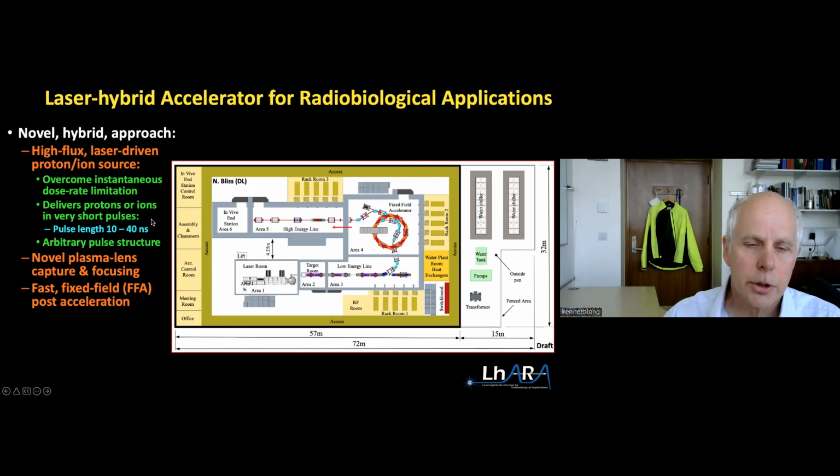We want to reduce the cost and increase the efficiency of the capture section, so we want to use novel plasma lens focusing. Here we want to create an electron gas with the right kind of electron density in order to provide a strong focusing system, but with a short length. And that is something which you would otherwise need a conventional magnet that weighs several tons, or a superconducting magnet, to be able to do in a clinical environment.